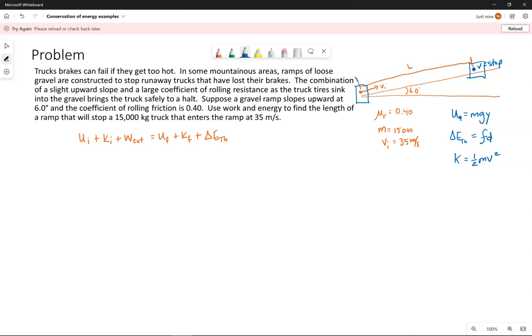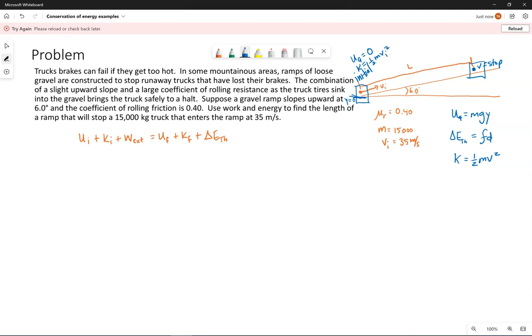So at this initial moment in time, if we define the bottom of this ramp as y equals 0, which we can define wherever we would like, since g is constant, then initially the truck has no gravitational potential energy, but it certainly has kinetic energy because it's moving.